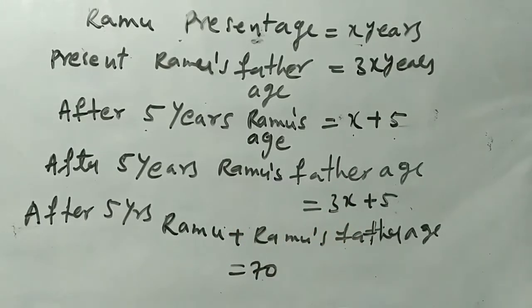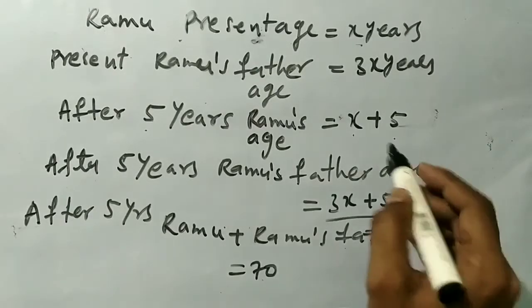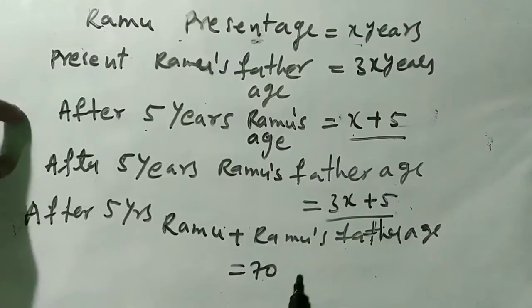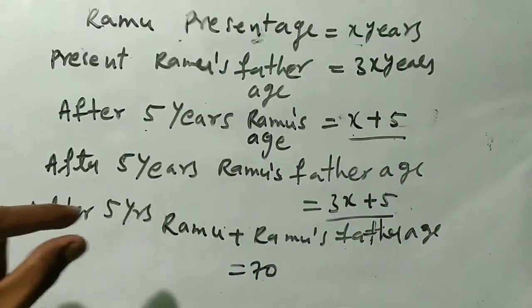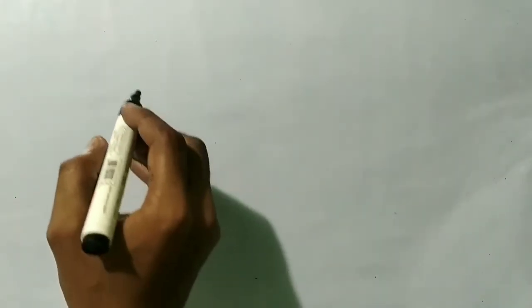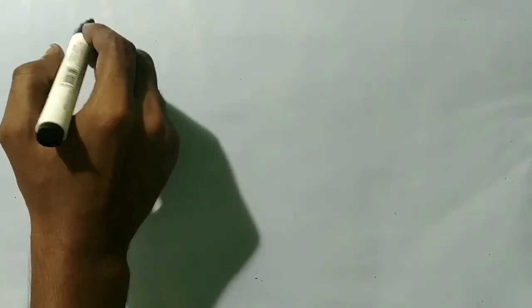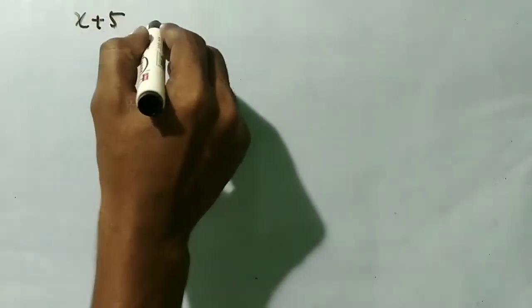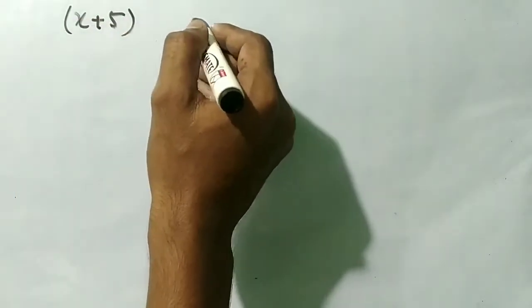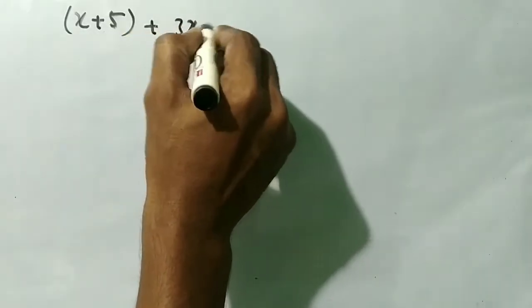So erase all this. We have to take the 3x plus 5 and x plus 5 expressions, because after the 5 years, adding the 2 ages becomes 70. So after 5 years, Ramu's age is x plus 5, and Ramu's father's age is 3x plus 5.